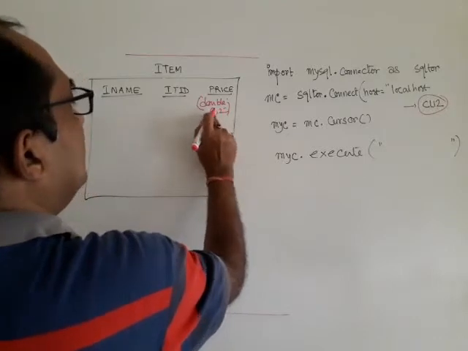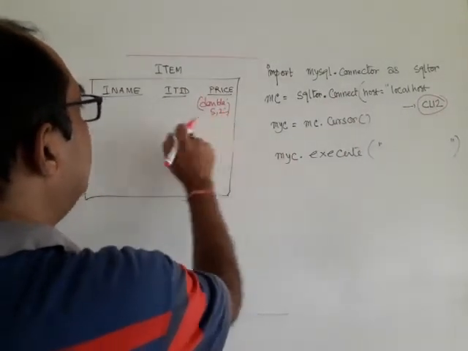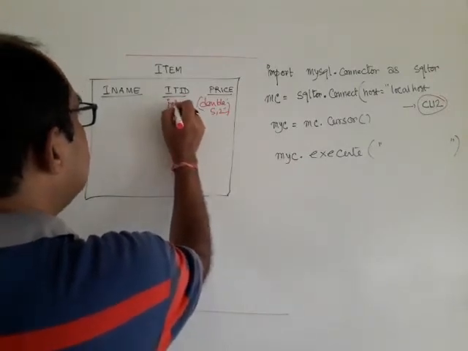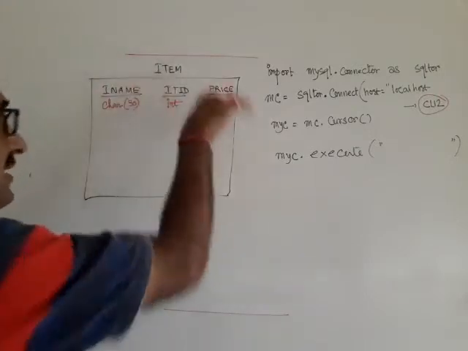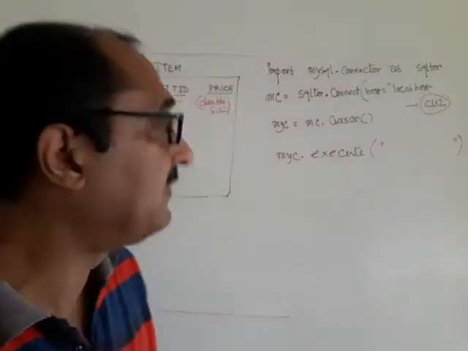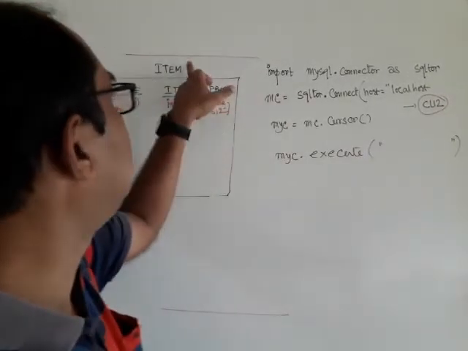You remember this, that altogether there will be 5 digits and 2 digits after the decimal point. This one say I took as int and this one say I took as character 30, when I created the table in MySQL. Now this is my database and this is the table under the database.